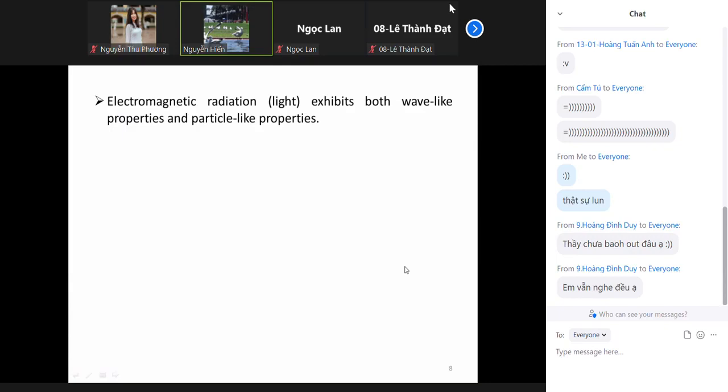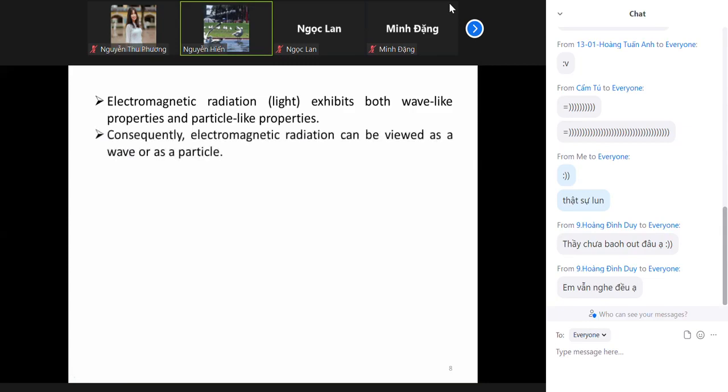So electromagnetic radiation, from this time on, we will simply call it light, exhibits both wave-like and particle-like properties. Electromagnetic radiation has two components, electric and magnetic, and can be viewed as a wave or as particles.